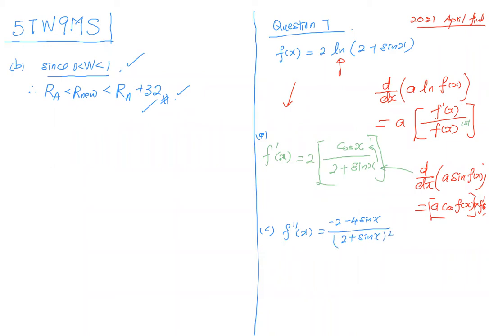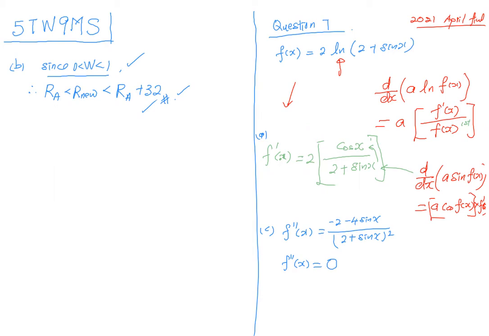The question asks for inflection point, correct? They say, hence using an algebraic approach. That means you cannot get it from the calculator. Find the exact coordinate of inflection point. So you put f double prime x equal to 0.